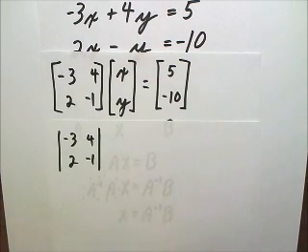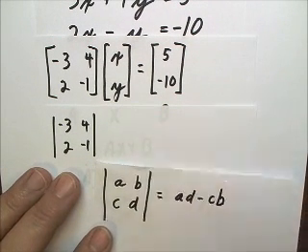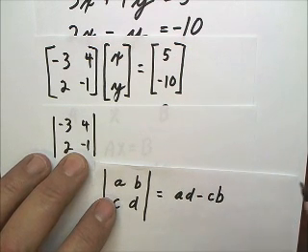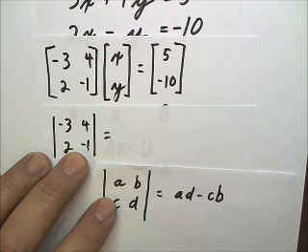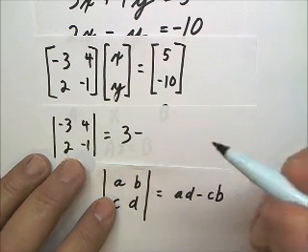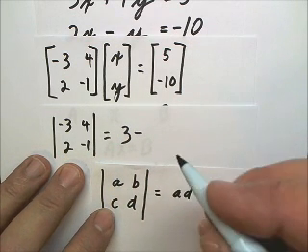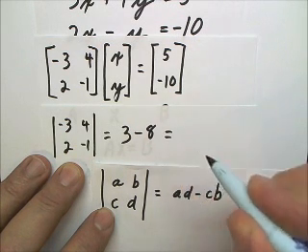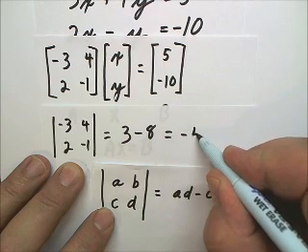To figure out this determinant, it's AD, which is -3 times -1, which is +3, minus 2 times 4, which is 8. So this determinant is -5.